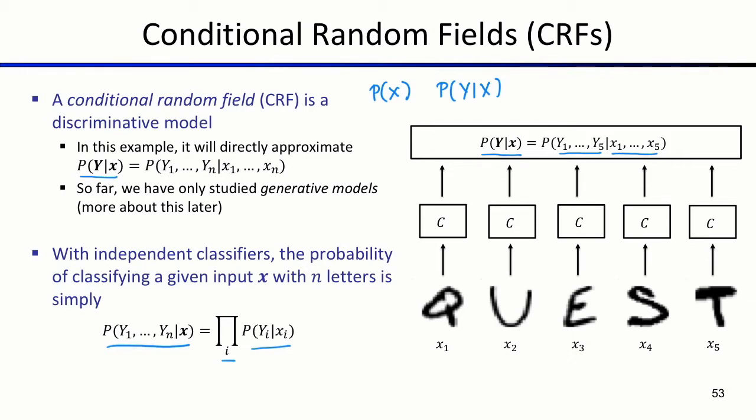We're going to take the probability of y1, that's the first label, given x1, that is the first letter, times the probability of y2, that is the second label, given x2, that is the image of the second letter, and we're going to keep doing that and multiplying until we have the last letter. In this case here, we have 5 letters, so it's going to be until the probability of y5 given x5.